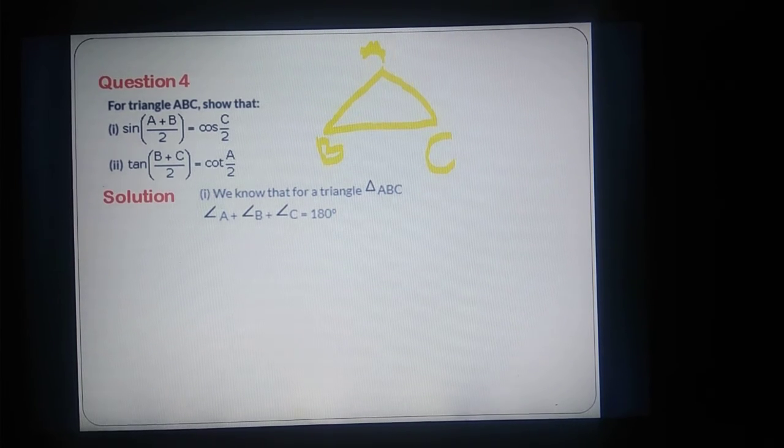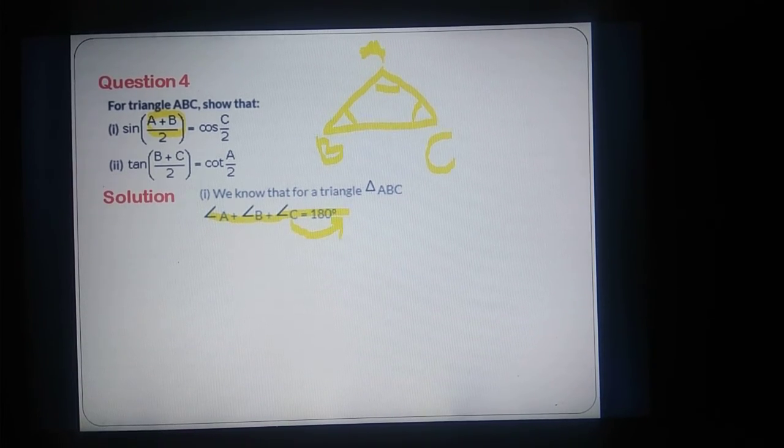The sum of these angles will be equal to 180 degrees. That's what is written out here. So sum of the angles is equal to 180 degrees. Now if you see here we are interested in A plus B, right? So let me take the C out there.